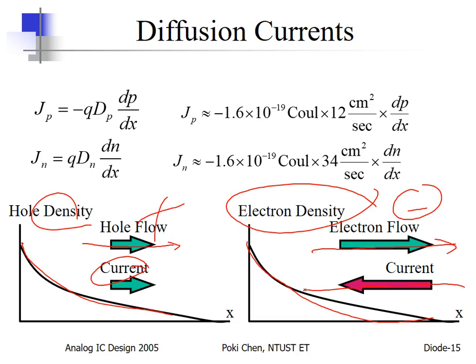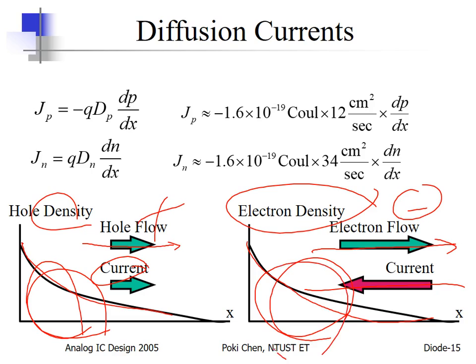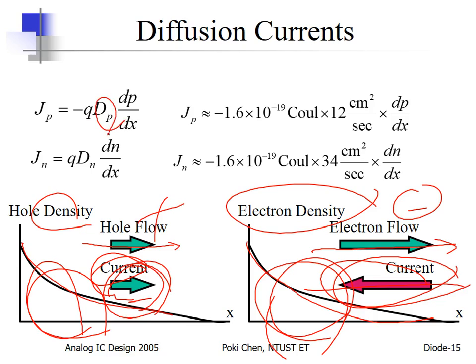With the same profile, for holes and for electrons, you will see not only the direction of the current flow is not the same, but also the magnitude. Why? You are larger, I am smaller, simply because this dP is almost 3 times lower than dN. That's it. Got it?